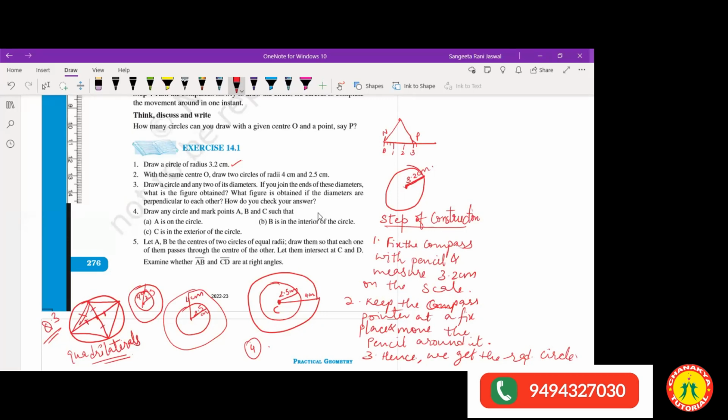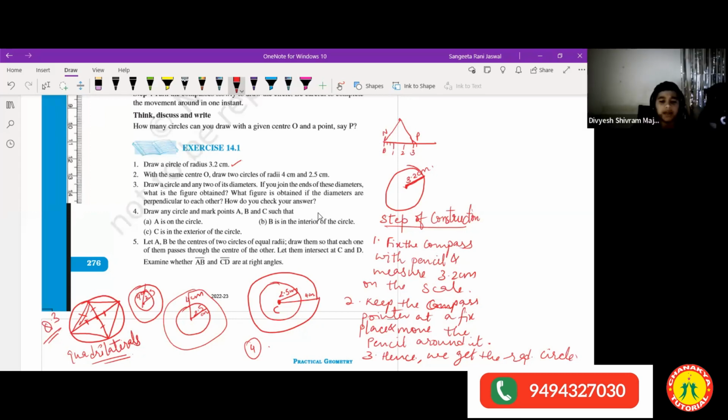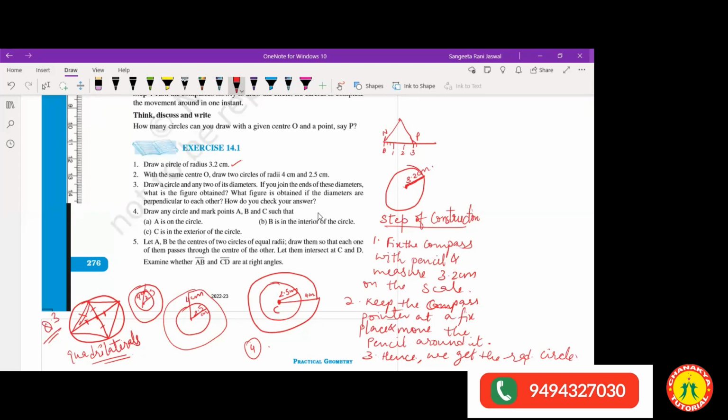A figure in which the diagonals are perpendicular to each other and bisect each other, we call a square. You can even check with your pencil and scale whether these line measurements come out equal, because the diagonals show the properties of a square.